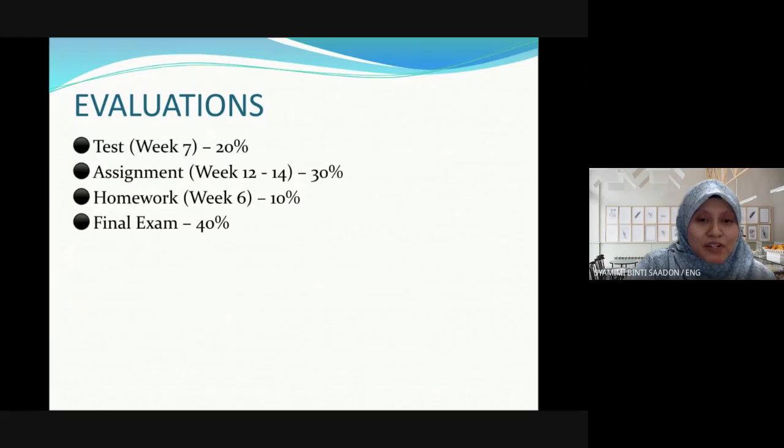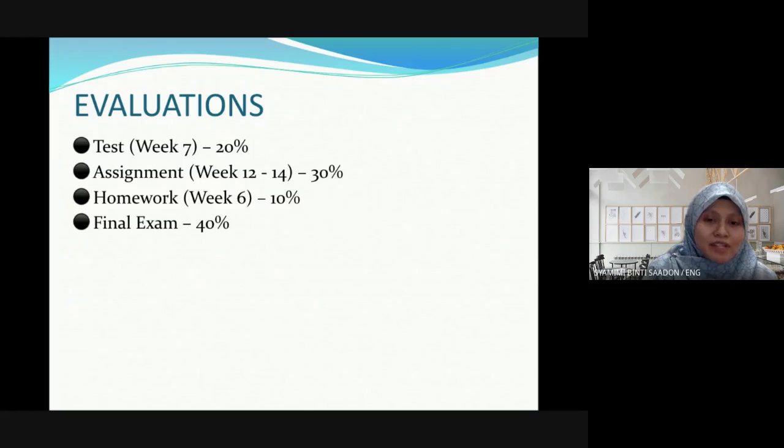The evaluations that I have planned: as usual, we have tests. One test in week 7. I put week 7 because for numerical we will have the test in week 6, so we try not to have the tests in the same week. That is accounted for 20%.